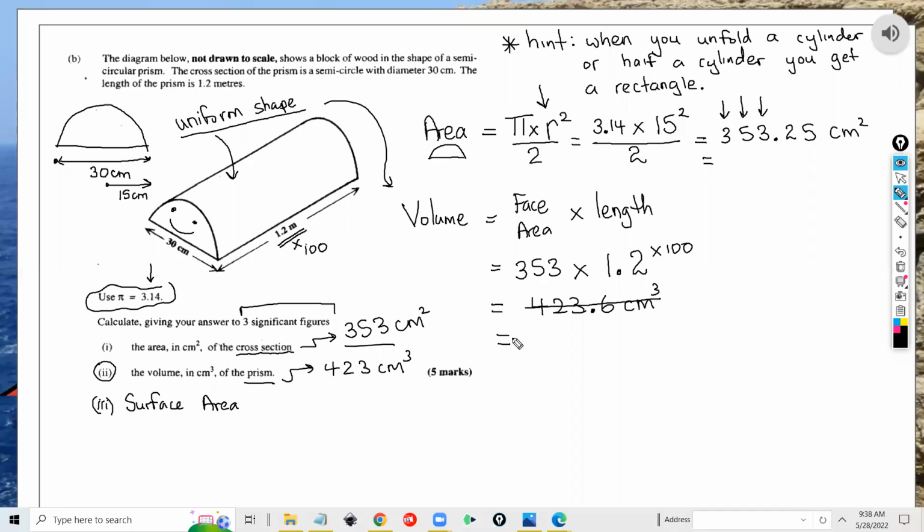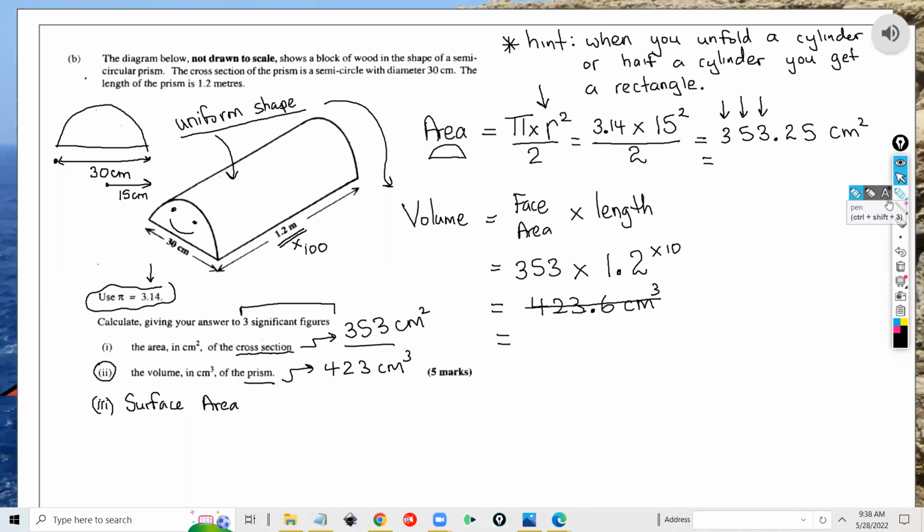how much will we get now? 353 multiplied by 120, sorry, I made another mistake, sorry.